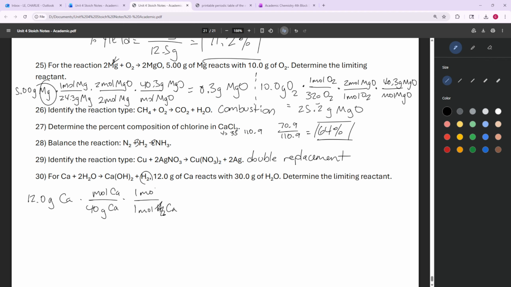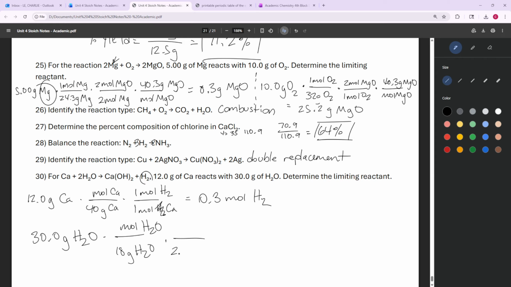For every mole, I'm going to leave it as moles. We can compare moles as well. 0.3 mole. 30.0 grams of water times 1 mole of water for every 18 grams of water. 2 moles of water gives 1 mole of hydrogen.